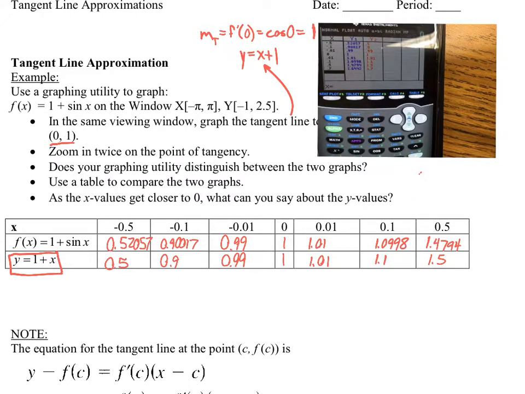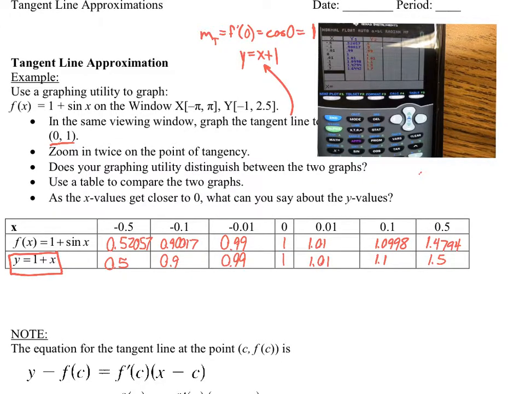And now we can see in our table, as the values get closer to 1, what can we say about the y values of these two functions, the function 1 plus sine x and the tangent line? Close. Very close. In fact, as we're really, really close to 0, they're virtually identical.